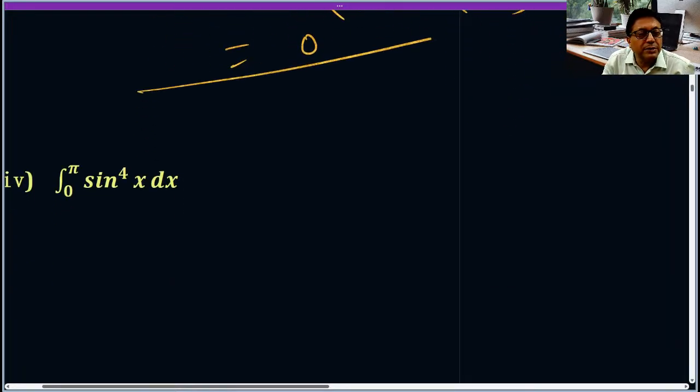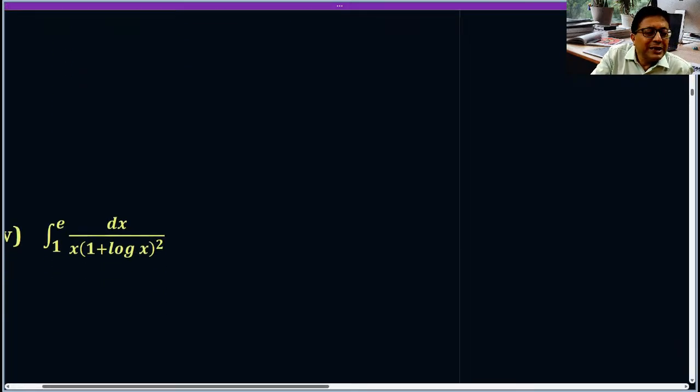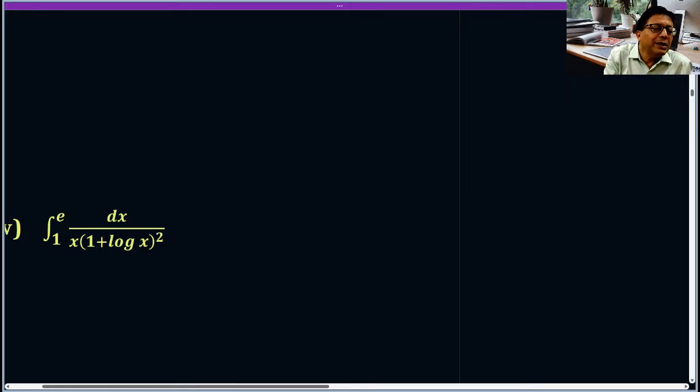Go through the next one: sin to the power 4. I think this manipulation you can do. You will practice just after my turn. Check the next one. And I suggest you make the substitution and change the limit. That you must do. The substitution is quite obvious to indicate in the indefinite integral. What you have done?